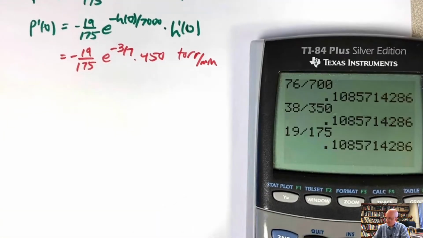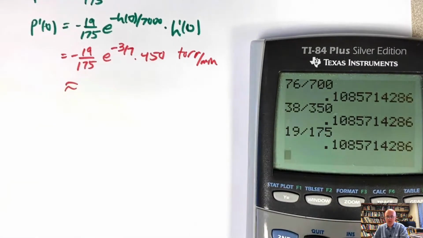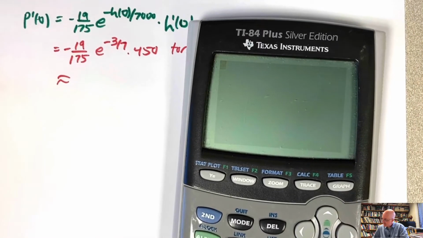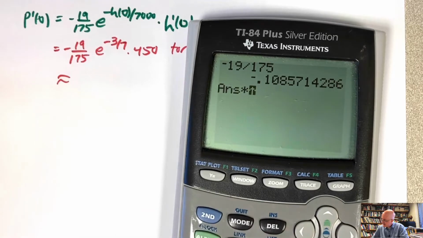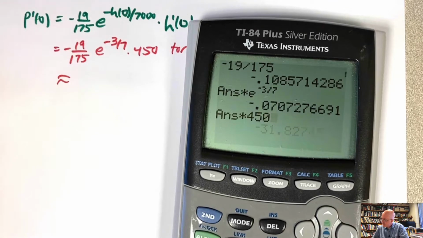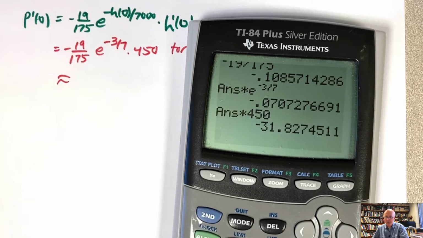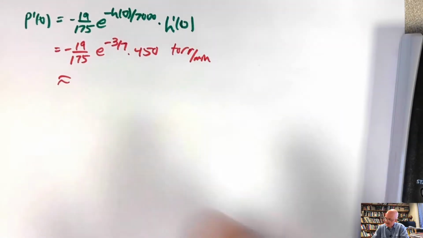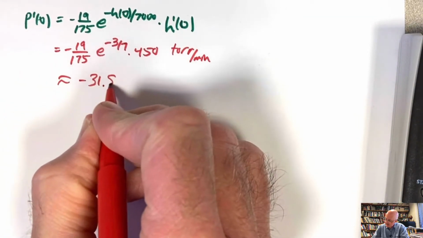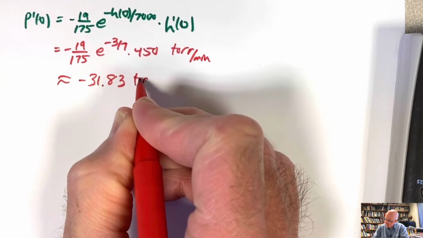Let's go ahead and approximate this. So negative 19 over 175, I guess I already had that there, times e to the negative 3/7 power gives me this, and then times 450 gives me about negative 31.83 torr per minute.